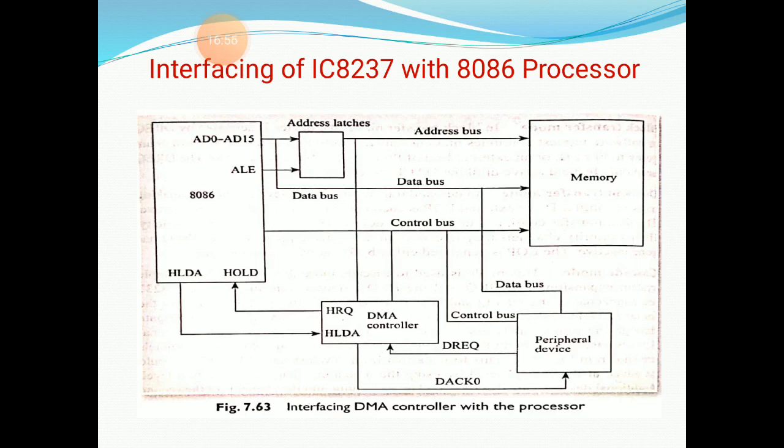So depending upon the data transfer between memory and peripheral, the DMA controller generates control signals. Once the control signals are generated, by using the system bus, the data transfer takes place directly from the peripheral to memory using the DMA controller without microprocessor involvement.